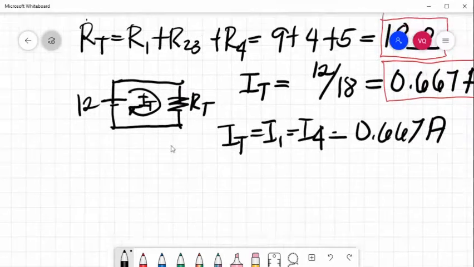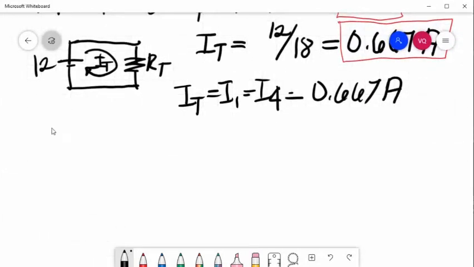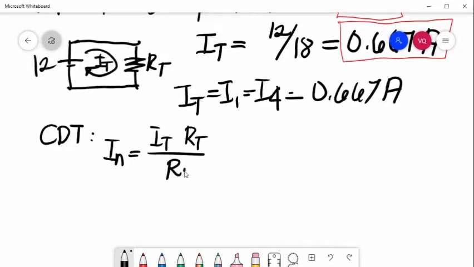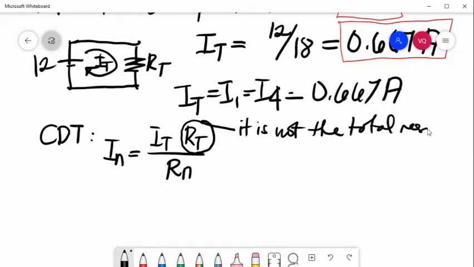We will use the CDT, current divider theorem, which is IN equal to total current multiplied by total resistance divided by Rn. So this total resistance here is not the total resistance of the circuit.